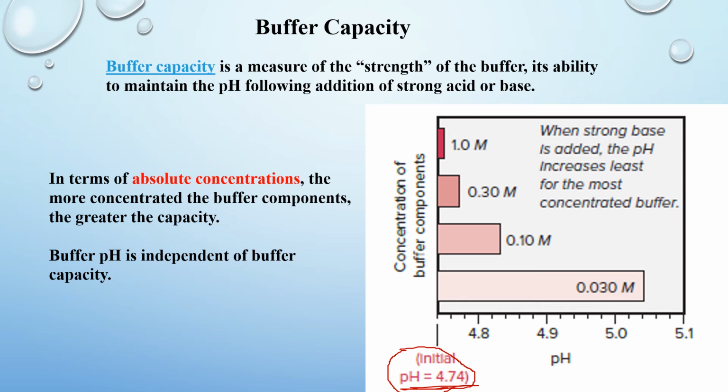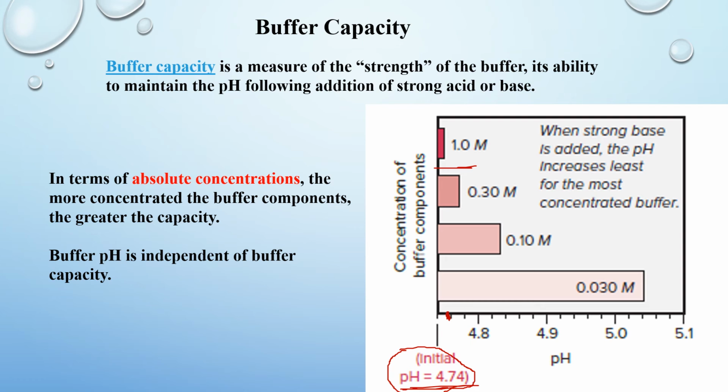The addition of a base only slightly increases the pH, and that's because for this buffer, its buffer capacity is big, or high. Or it has a higher strength to avoid this change of pH.